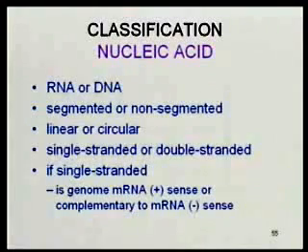By definition, if the genome could be translated because it's the right strand, it's called plus sense. And if it's complementary to the message, it's called minus sense. And we get both types of viruses. And again, as I hope you'll see, whether or not you package plus sense or minus sense has a big difference on your life cycle and how you go about things. So the nucleic acid is sort of numero uno when you come to put these into different groups.